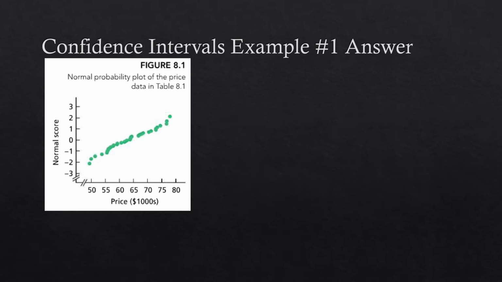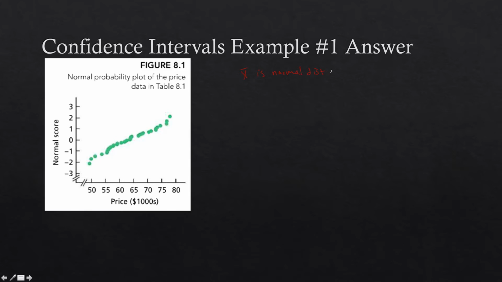If our data comes out in virtually a straight line like it has here, we would say that the sample mean, which is what we're looking at here, is a normal distribution, because of that straight line.